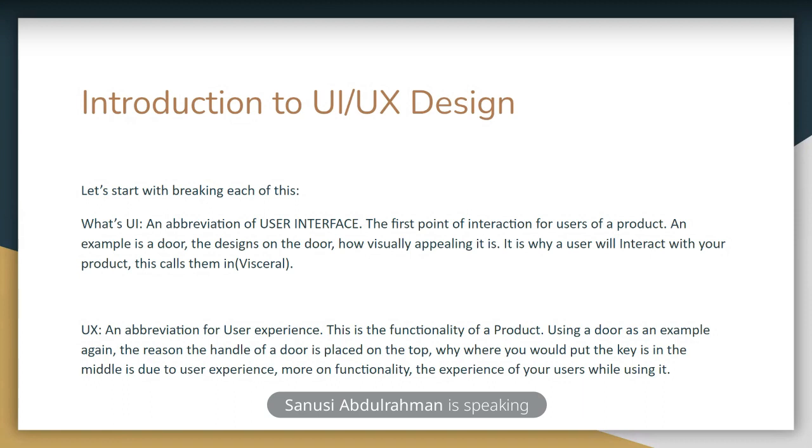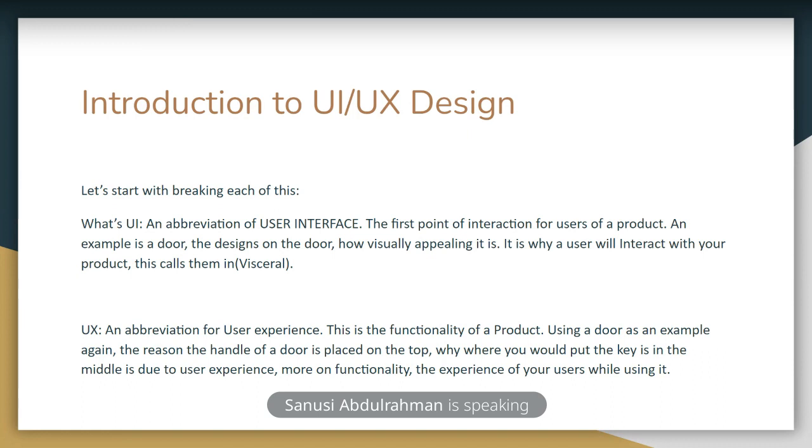From an emotional design point of view, the visual appeal is the first thing that attracts any user to a product. That's what we call the visceral level in emotional design. So an example is the design on the door, how visually appealing it is. This is why a user will interact with a product.